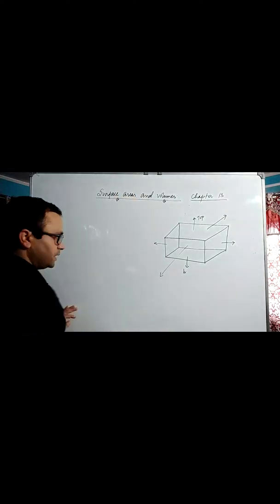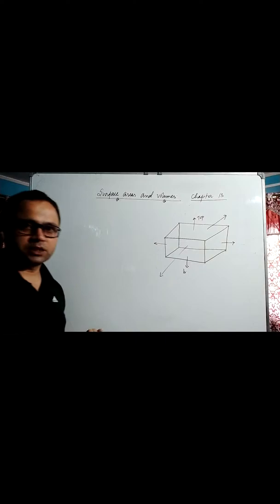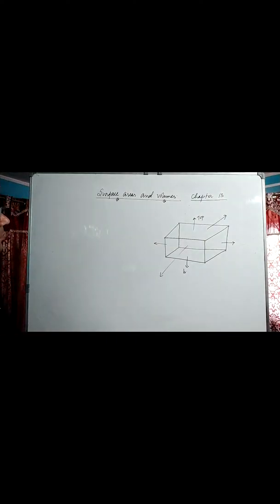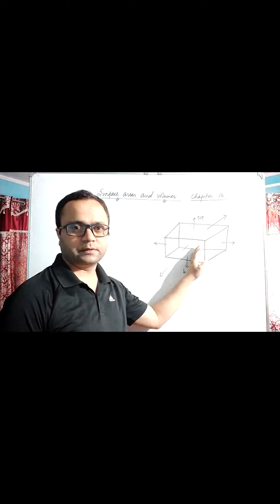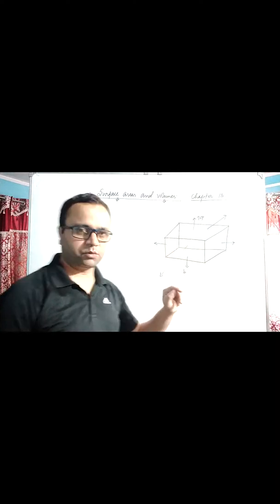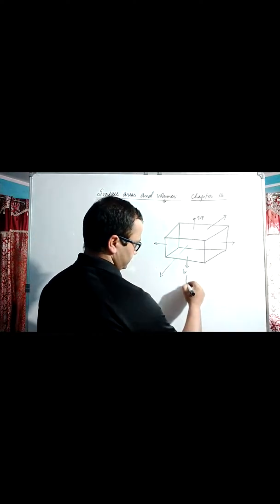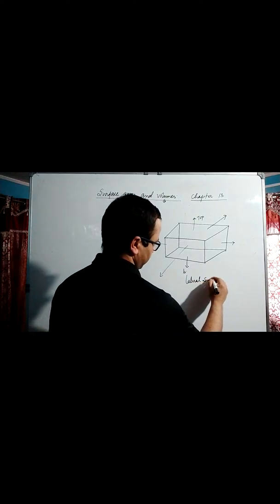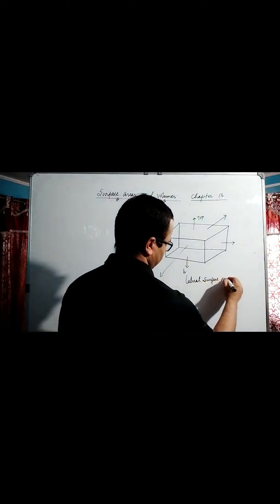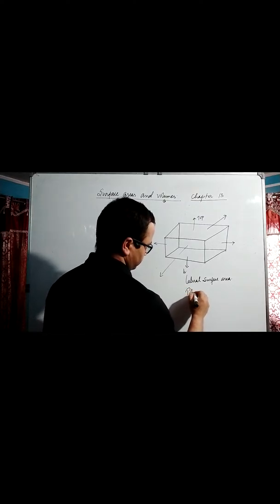Now what is surface area? There are six faces in a cuboid, so what will be the surface area of the cuboid? There are two types of surface area. One is lateral surface area and another is total surface area.